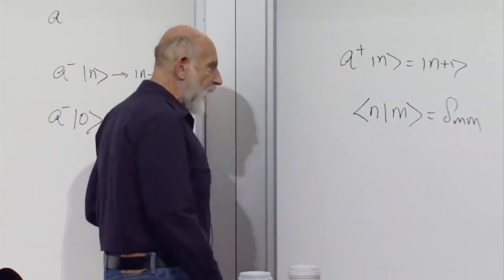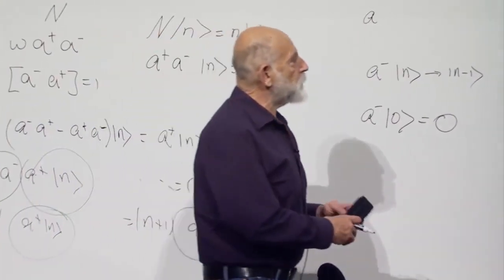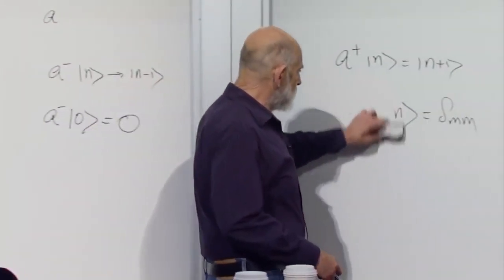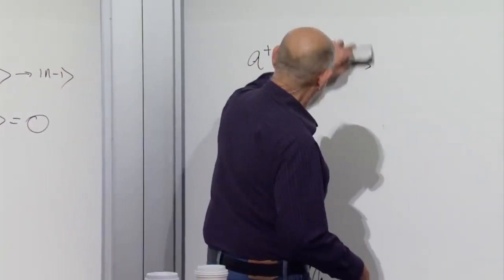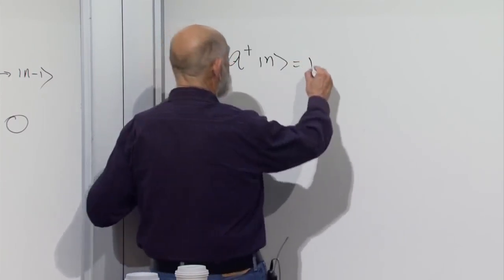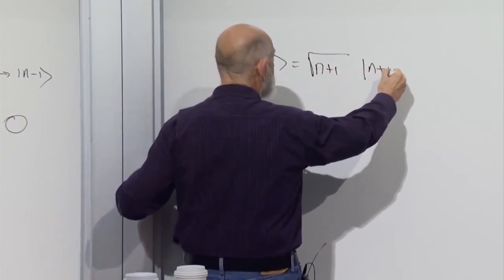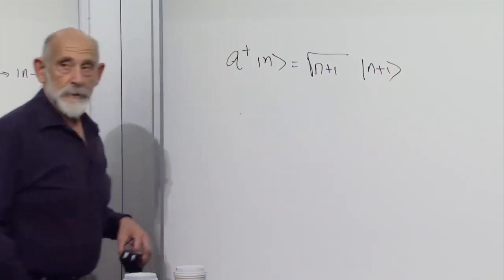There's a numerical factor, and if we wanted to keep track of that numerical factor, I'm quite tired now and I think we have to quit. But there is a square root of n plus 1 here, times n plus 1. Now try your trick again and see what you get.